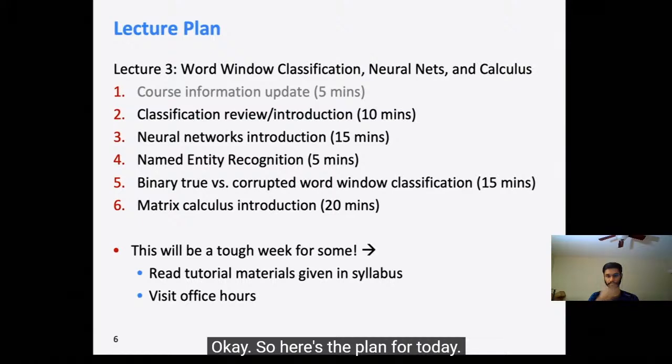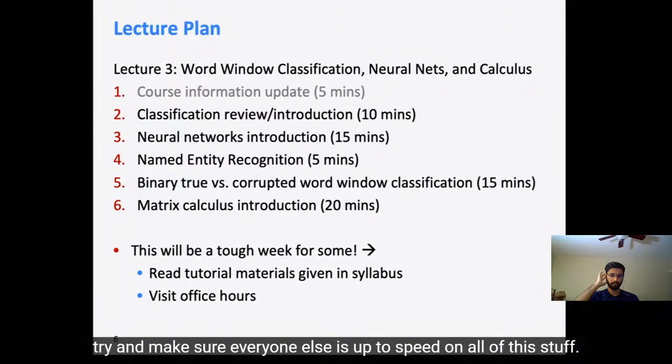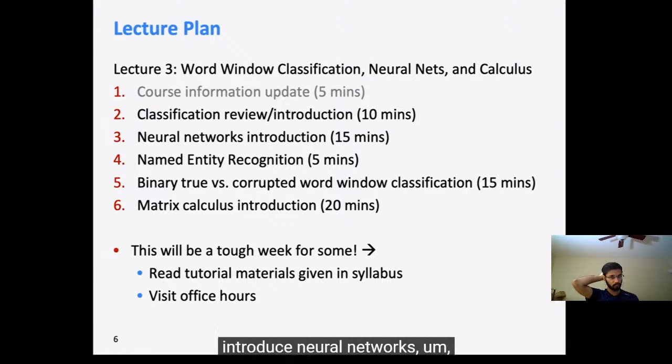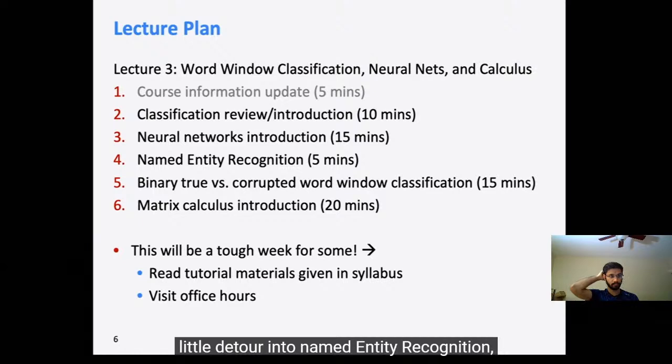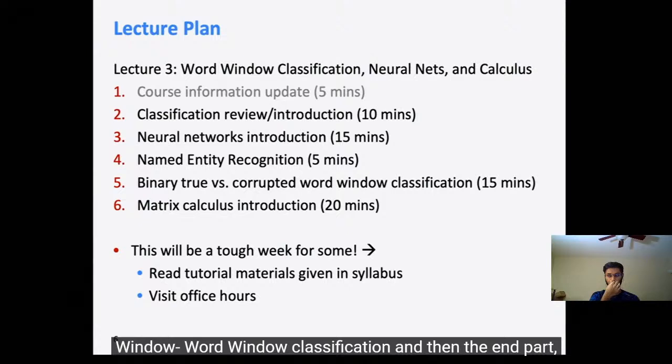Okay, so here's the plan for today. So that was the course information update. This is, in some sense, a machine learning and neural nets intro, just to make sure everyone is up to speed on all of this stuff. So we'll talk a little bit about classification, introduce neural networks, a little detour into named entity recognition, then show a model of doing word window classification, and then at the end we dive deeper into what kind of tools we need to learn neural networks.